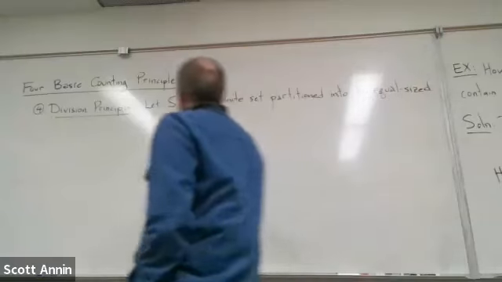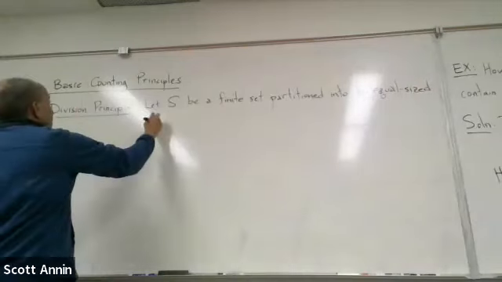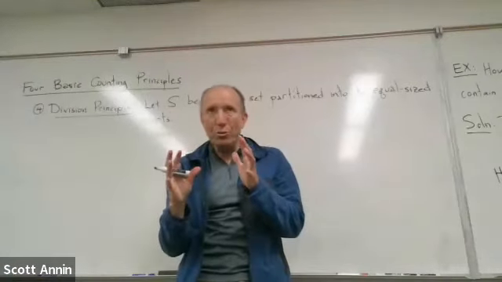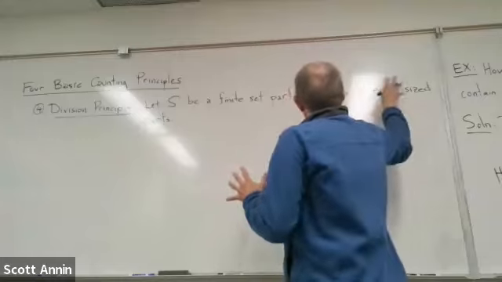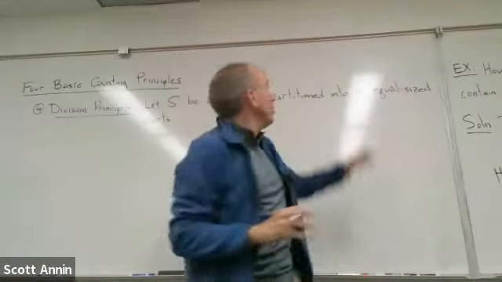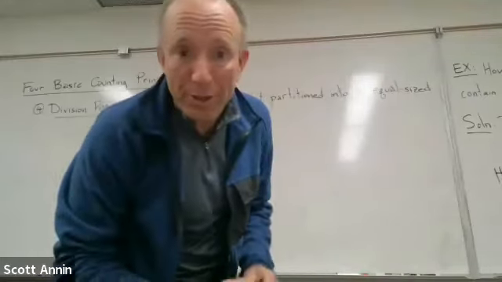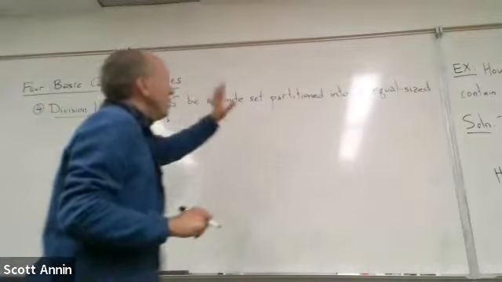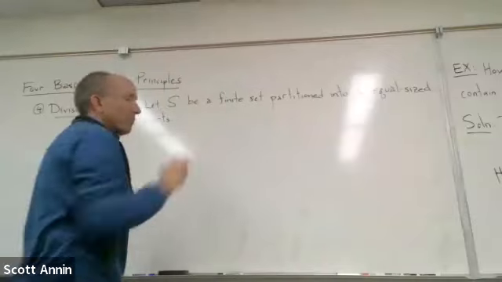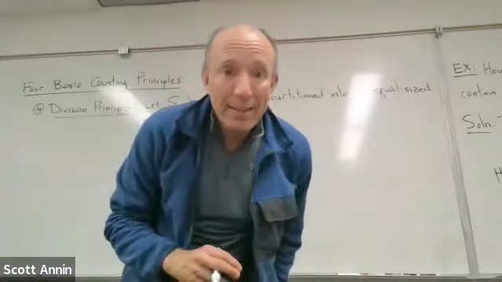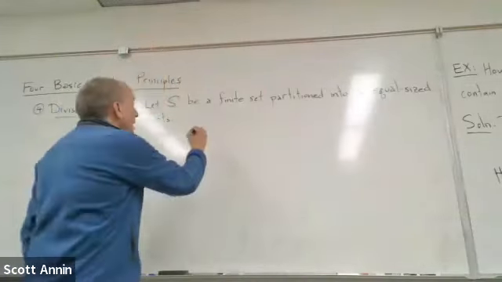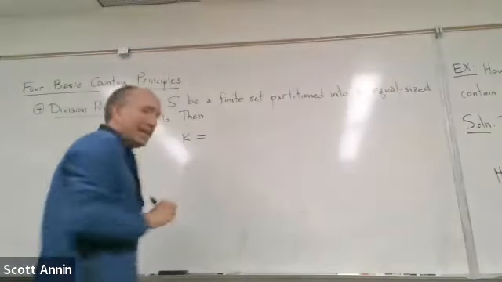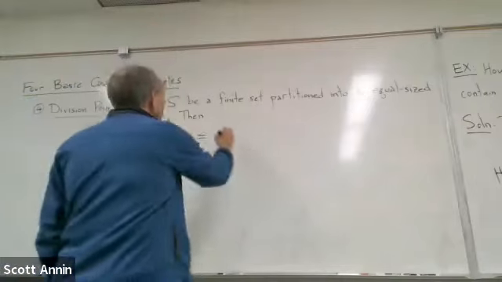So I want to imagine that we can chop up the set S into parts that are all the same size, and let's suppose that there are K such parts. So the question here is, can we figure out what K is? Namely, K can be determined from the following formula.